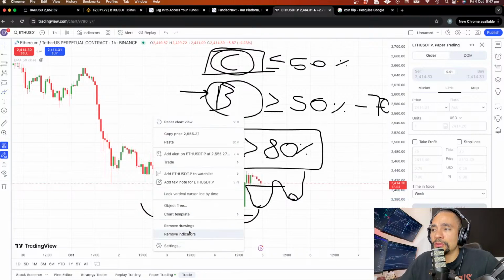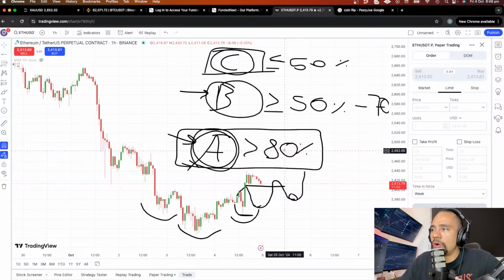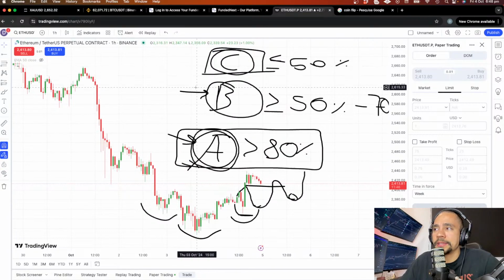Okay, if you follow those steps, demo account, then risk 1% per trade on a very small live account, then we go to rating your setups and risking more on the good setups, and risking less on the bad setups.